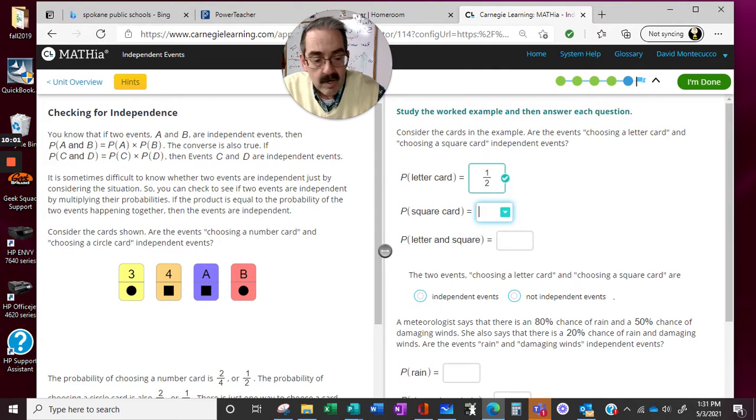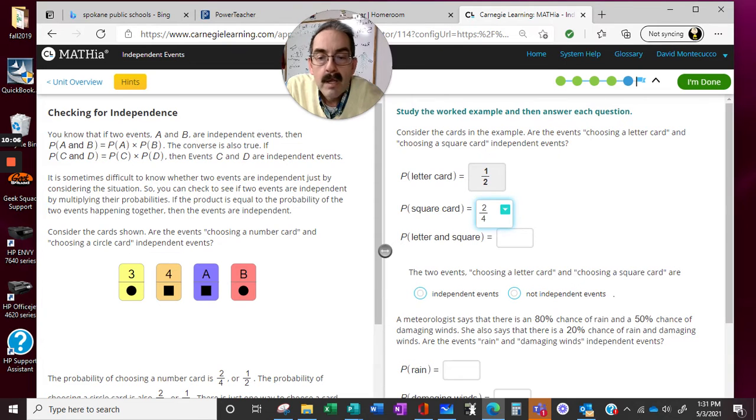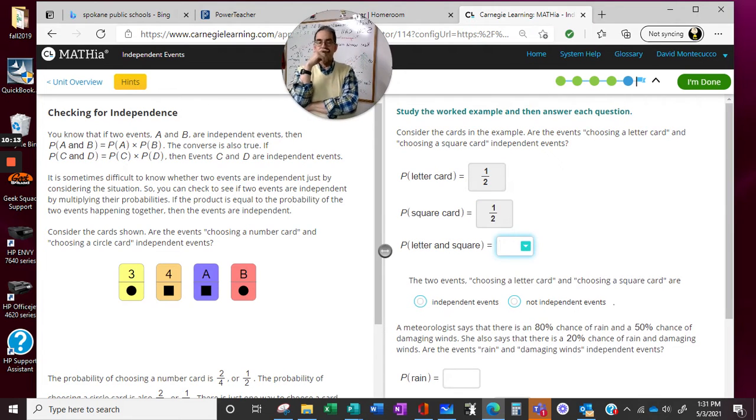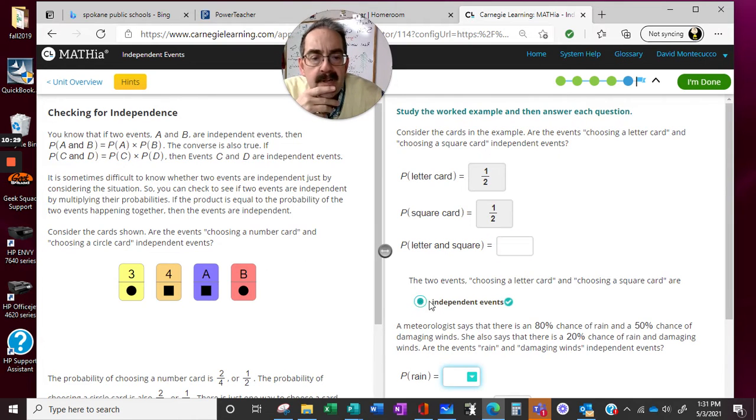Probability of a square card, 2 of 4. Probability of a letter and a square. These are independent, so we're going to have 1/2 times 1/2.